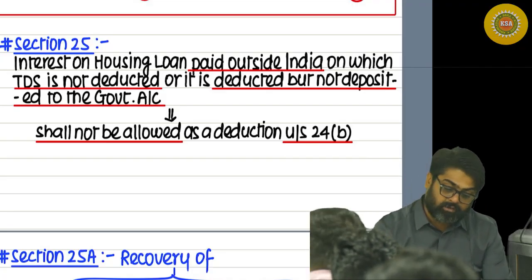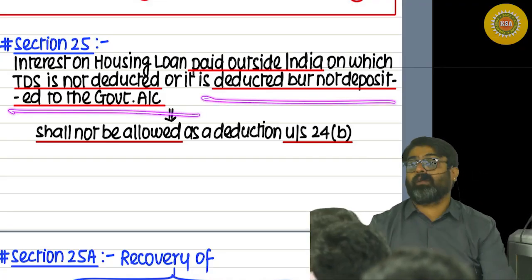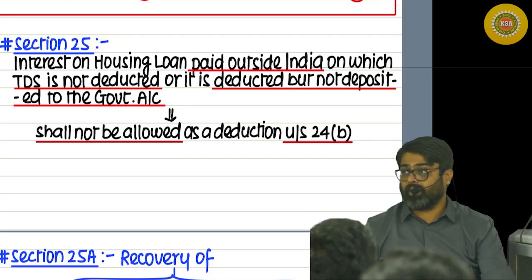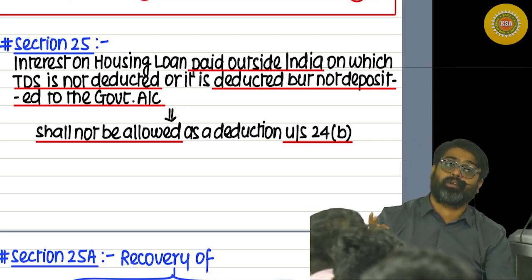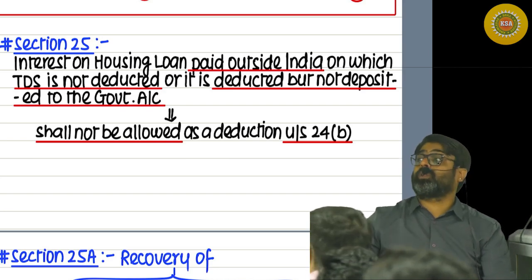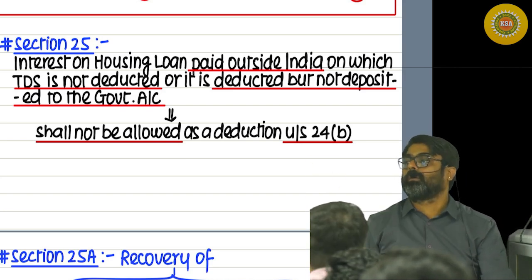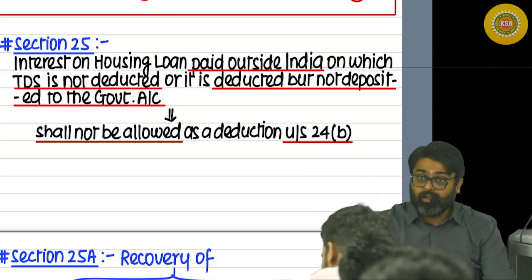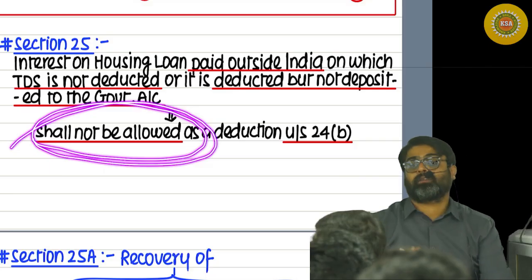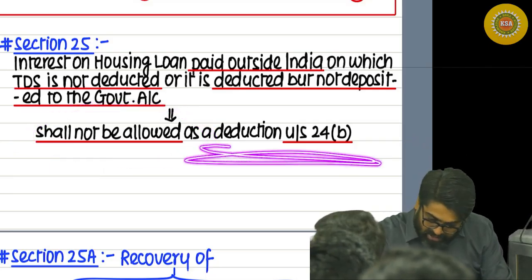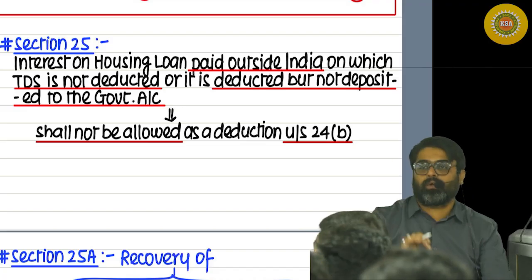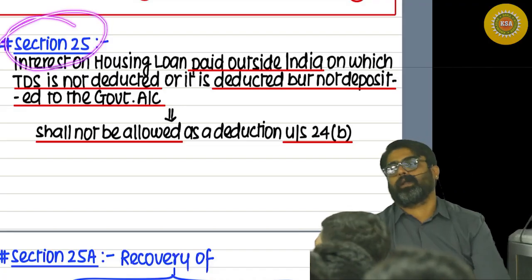Yes or no? So the government says that if the interest on housing loan is paid outside India, and there is a TDS default, meaning the TDS is not deducted or TDS is deducted but not deposited to the government, then whatever interest you have paid committing this TDS default, that entire interest will be disallowed, will not be allowed as a deduction. It is given in section number 25.